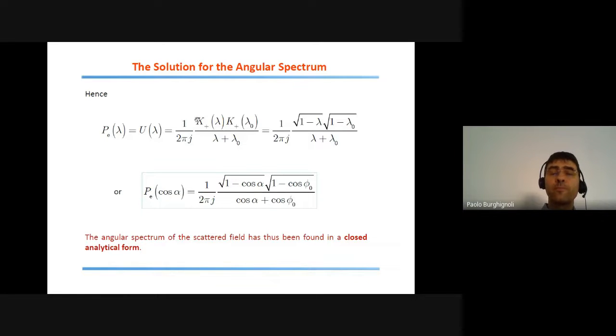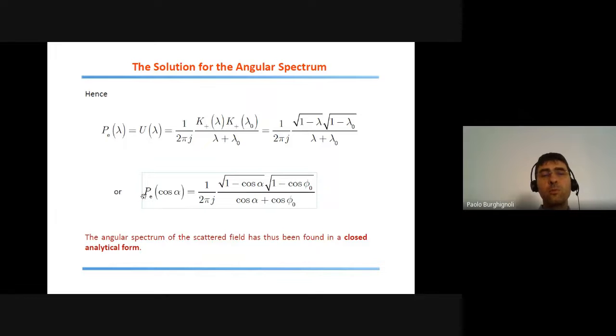And if we recall the definition of k plus, it was the square root of 1 minus lambda, we get this explicit expression for the spectrum in terms of the variable lambda, or, if you prefer, in terms of the angular variable alpha, as you can see here in the box.